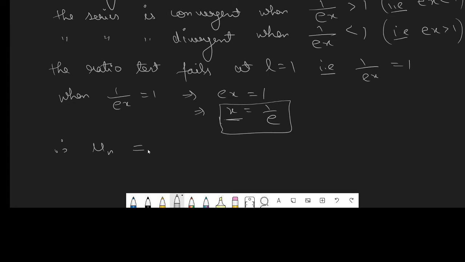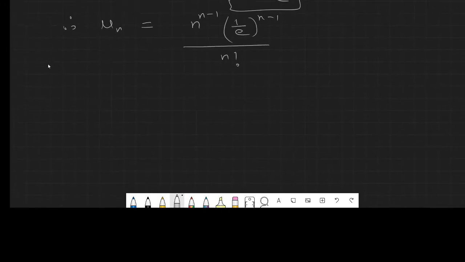Then the given series is n^(n-1) (1 by e)^(n-1) divided by n factorial. Now we'll apply the logarithmic test here.